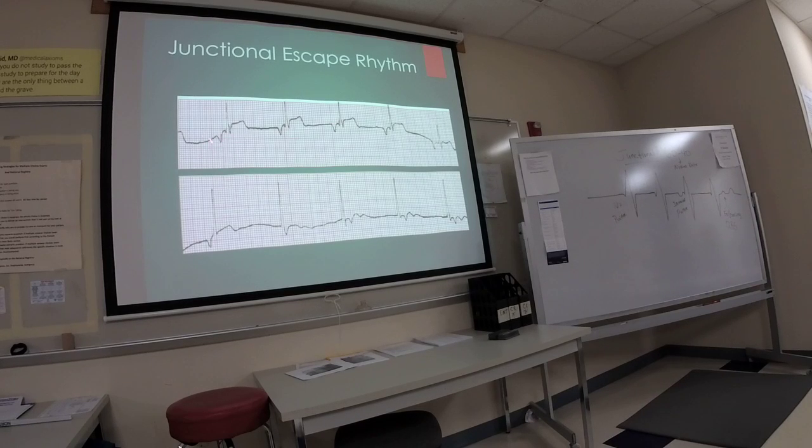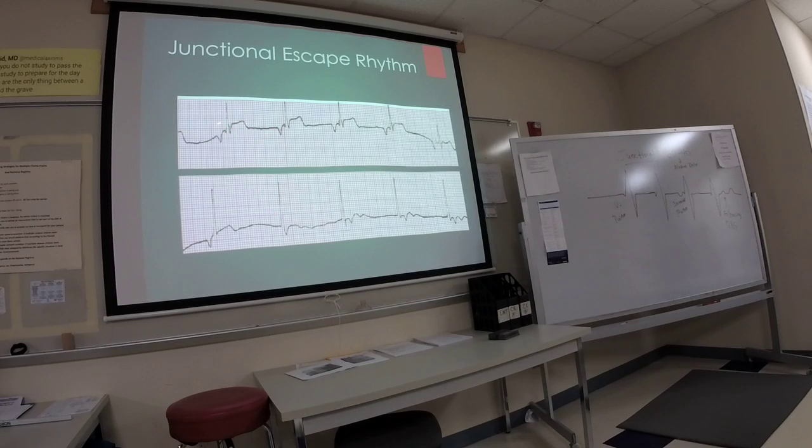So here's some more. This is just some tachycardia here, that the patient's moving or something like that. So you see these beats. It's really hard to just. This is the junctional escape rhythm.